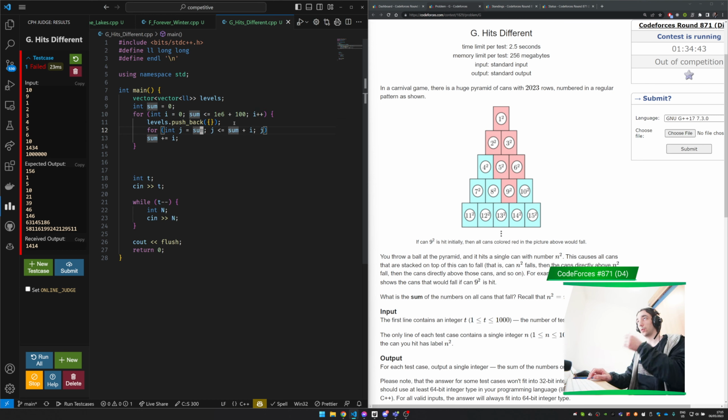I will start here from 1. The sum here is from the sum plus 1.